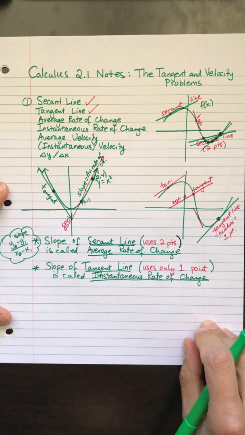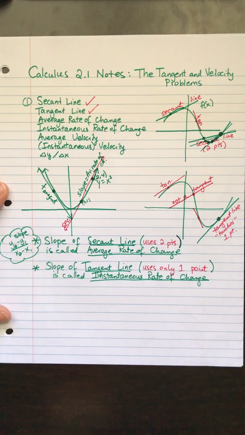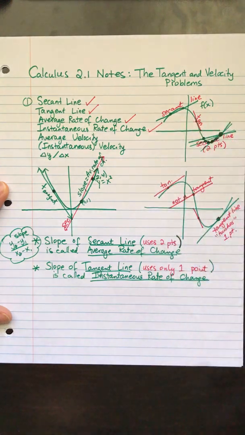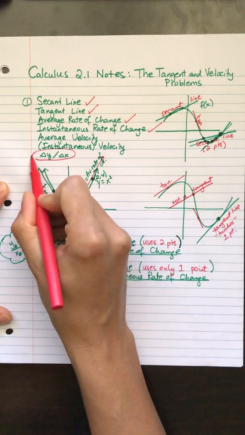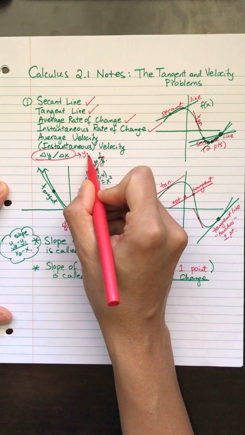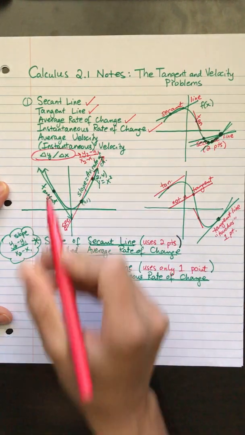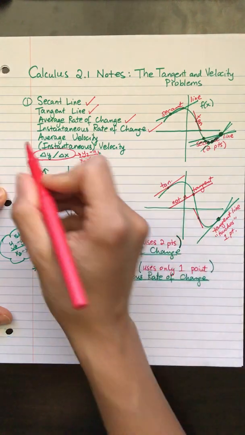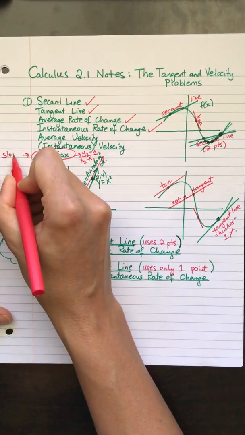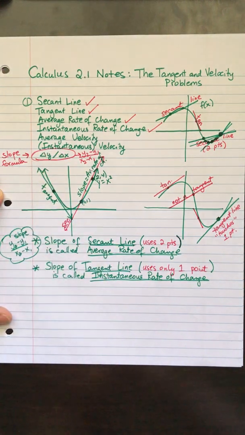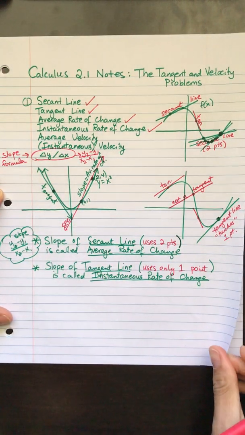Okay, so let me do an example to put it all together, and then I'll get to the other words on our list in just a moment. By the way, delta y over delta x, that's your y2 minus y1 over x2 minus x1. Change in y over change in x. So you know that that is the slope formula that we've done since, I don't know, 5-6 years ago when you first got introduced to it.